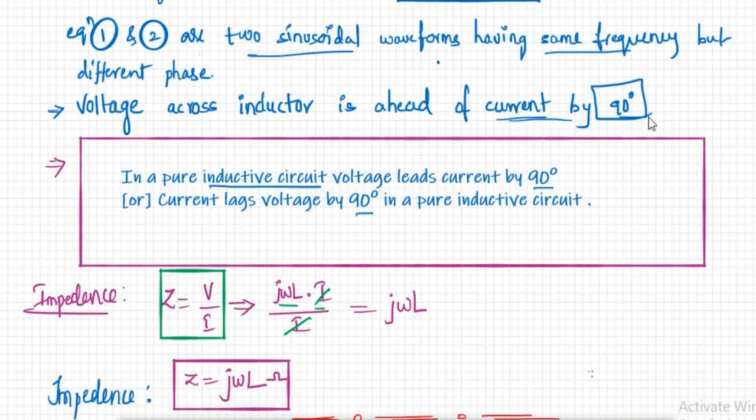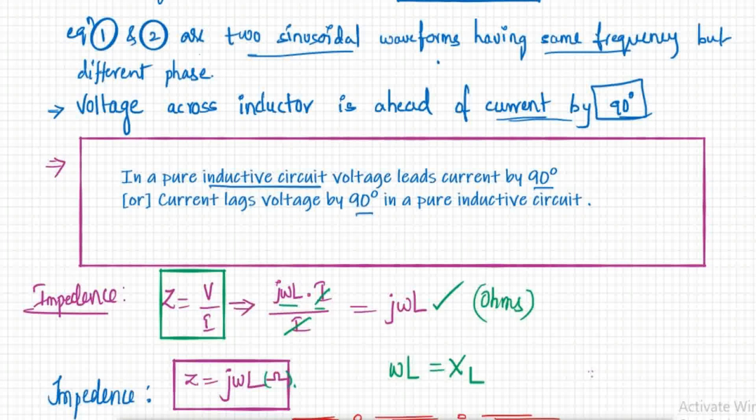Then what is the impedance of an inductive circuit? That is j omega L, and the units for impedance are ohms only. Omega L is called inductive reactance.